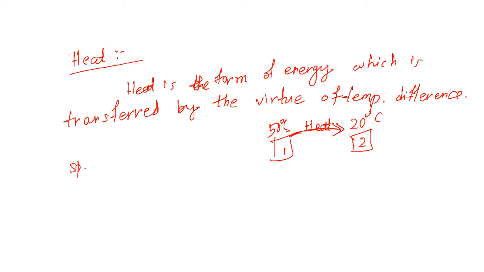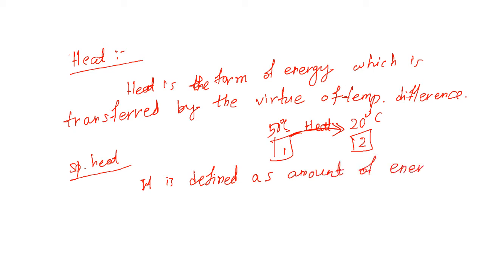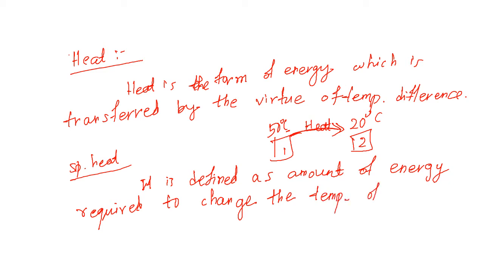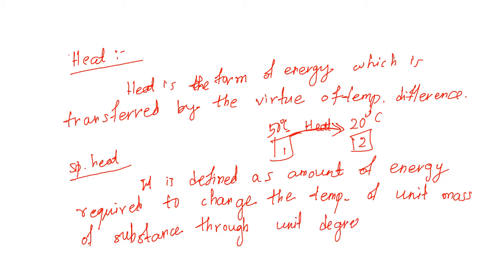What is specific heat? It is defined as the amount of energy required to change the temperature of unit mass of substance through unit degree temperature difference.